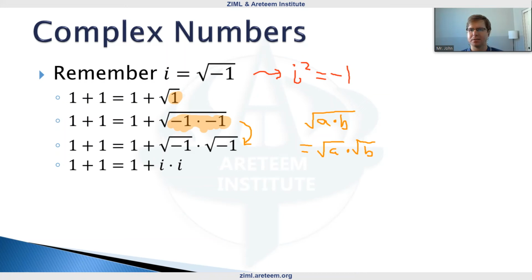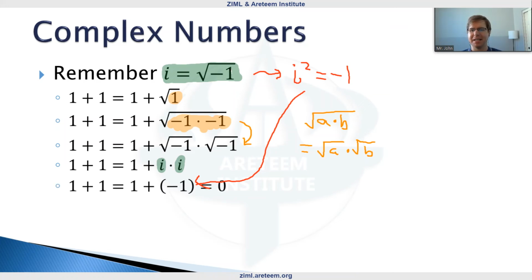So i is the square root of negative 1. If we go through here and substitute that in, the square root of negative 1 is i, and hey, what did we say about i squared? Remember, i squared is going to be negative 1. So I think you're starting to see how our proof is finishing up. We have negative 1 plus 1.